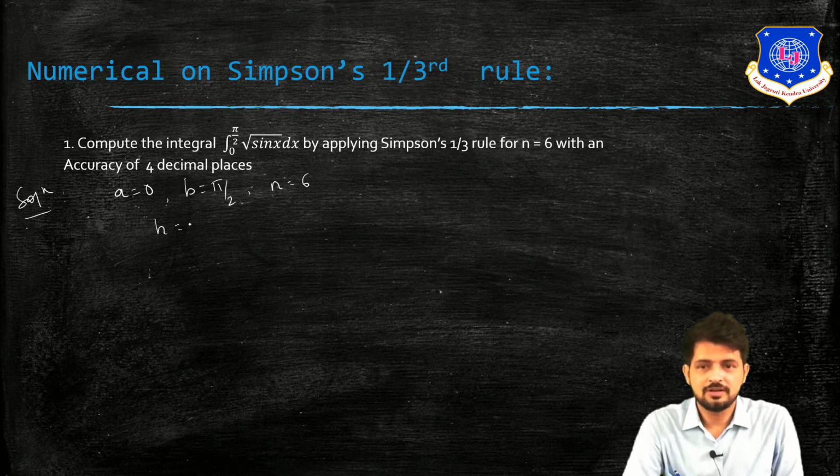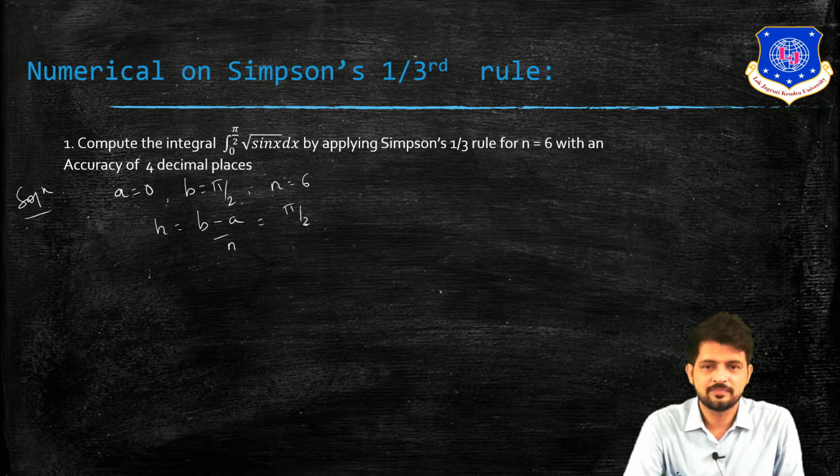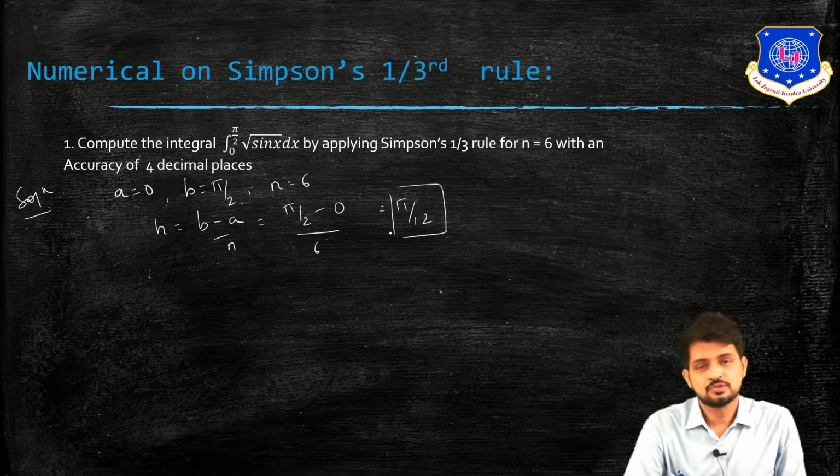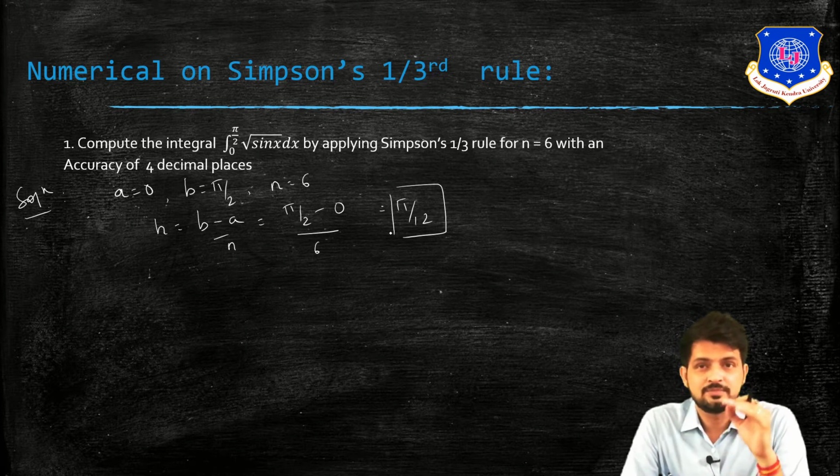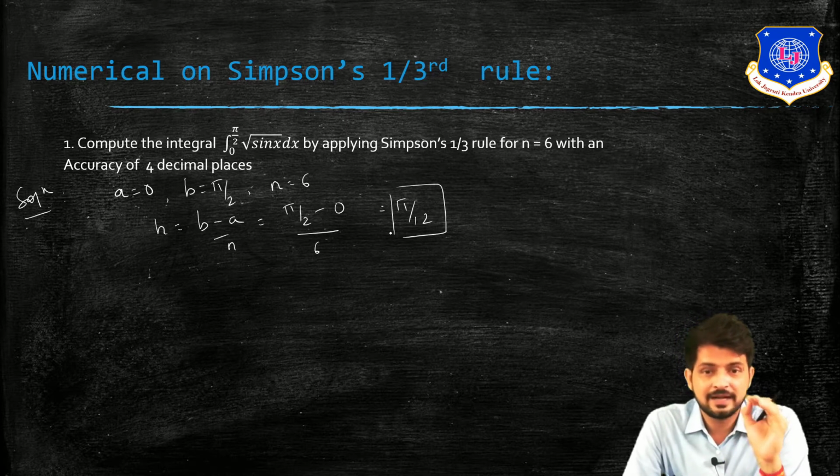So what will be my h? h is equal to b minus a upon n, that is pi by 2 minus 0 upon 6. So it can be written as pi by 12. So we have to take the differences of pi by 12. Dear students, make sure that the angle mode is radian, otherwise the whole numerical will be wrong.